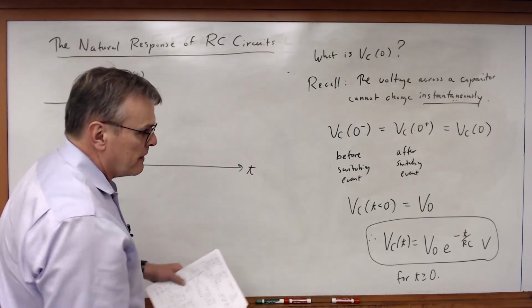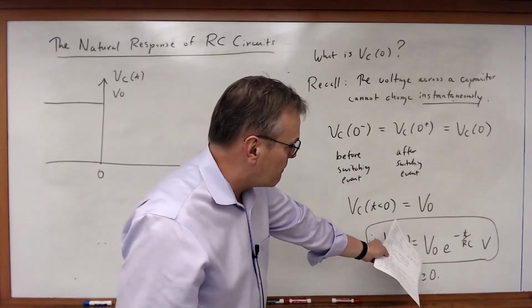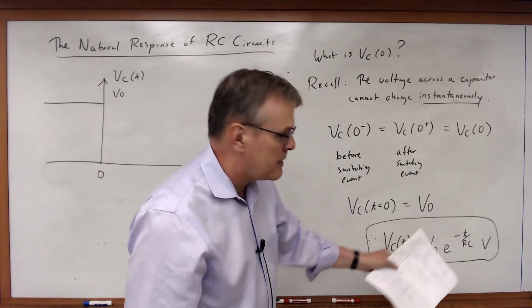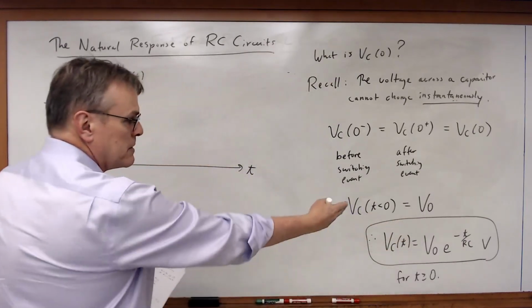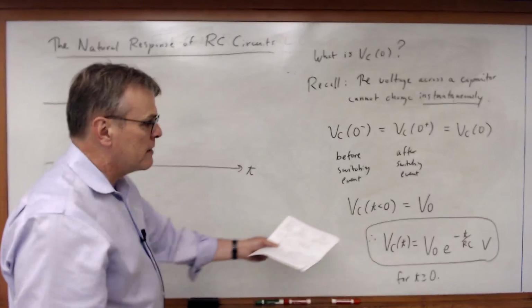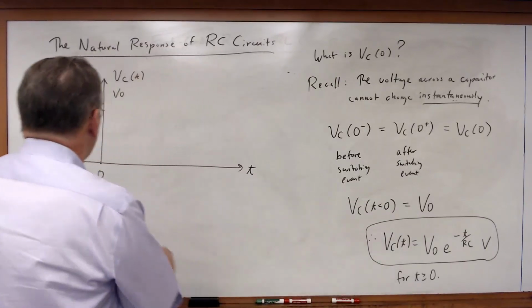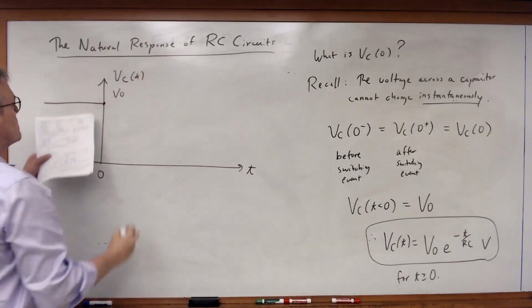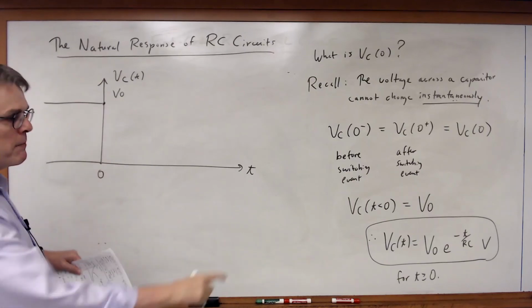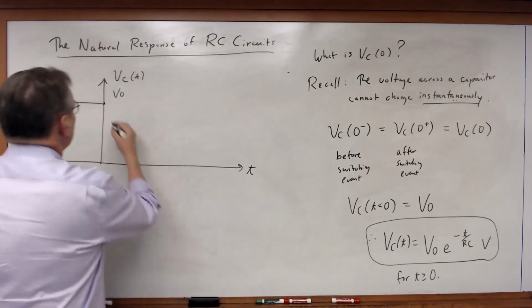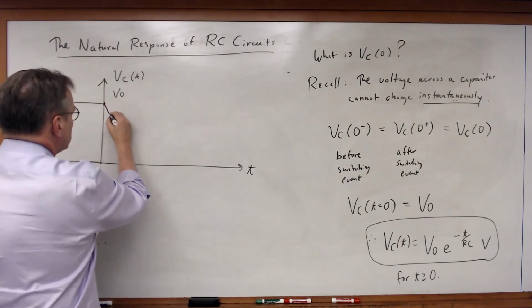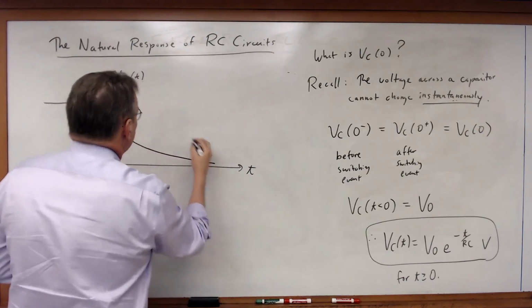After the switching event, Vc is equal to V0 times e to the minus t over RC. Well, when t is equal to 0, e to the minus 0 is just 1. So right at t equals 0, we still have the value equal to V0, but then as t gets larger, what we're going to have is exponential decay.